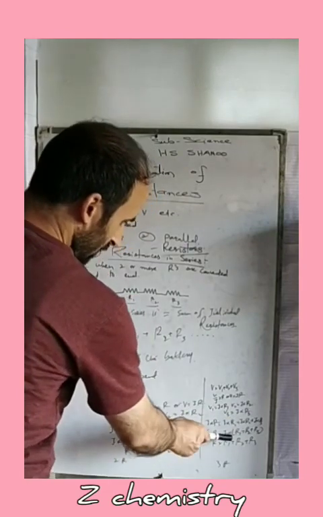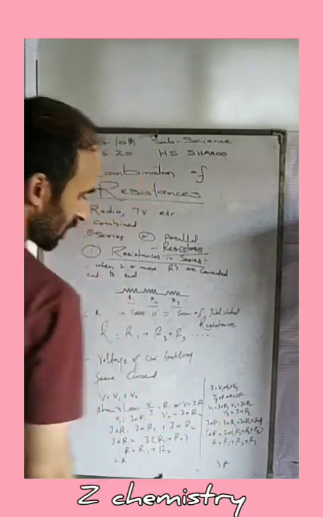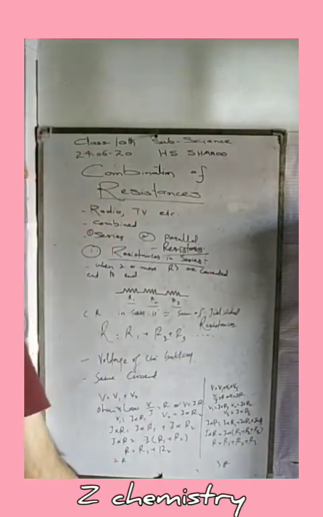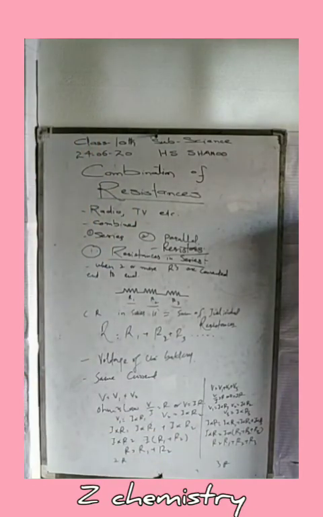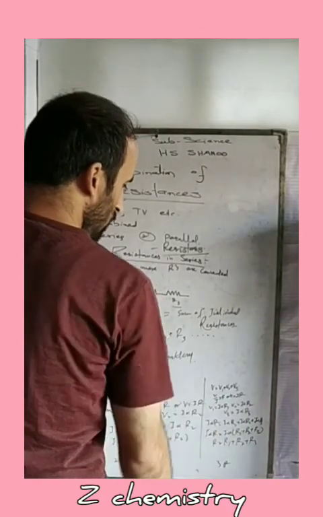I को हम कॉमन लेंगे, R1 plus R2 plus R3. I और I cancel होगा, so R is equal to R1 plus R2 plus R3, meaning the combined resistance of any number of resistors in series is equal to the sum of the individual resistances.